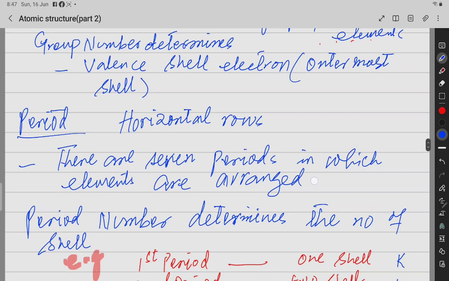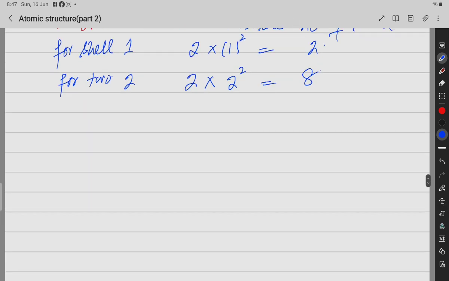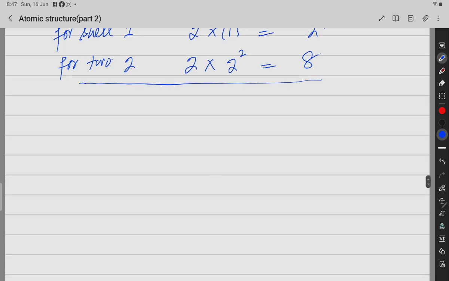In the third period, according to the O level syllabus, we can use this for 2 shells only, not other shells.